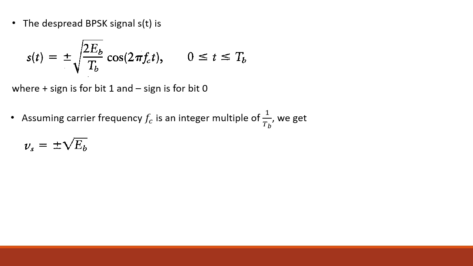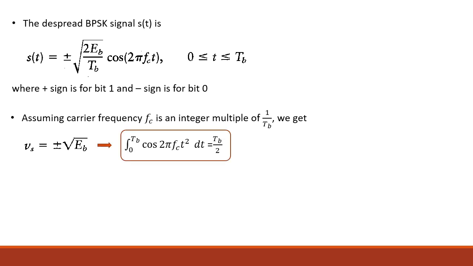Here we substitute the expression for S of t into the expression for Vs, and then if we integrate, we get plus or minus root EB. Here we use the formula that integral 0 to TB cos square 2 pi fc t dt is equal to TB by 2. Again, these results are from the discussion on the BPSK modulation scheme.